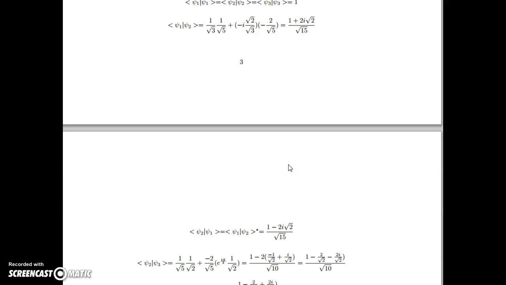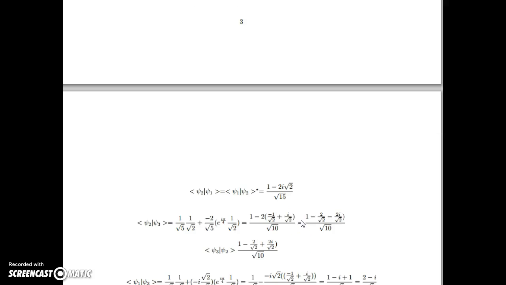And we don't have to do that for psi 2, psi 1, because that's just the complex conjugate of psi 1, psi 2. So all we have to do is make the i's negative. So instead of 1 plus 2i square root of 2 over square root of 15, we have 1 minus 2i times square root of 2 over square root of 15.